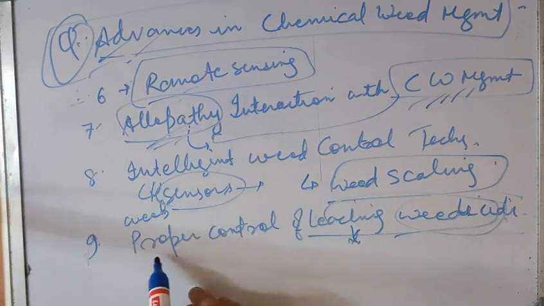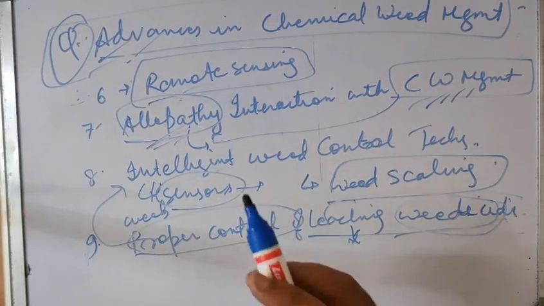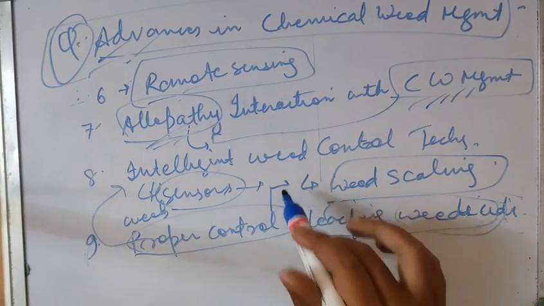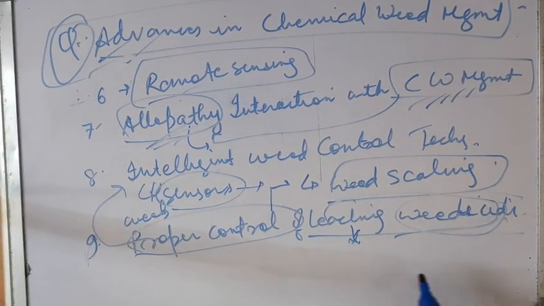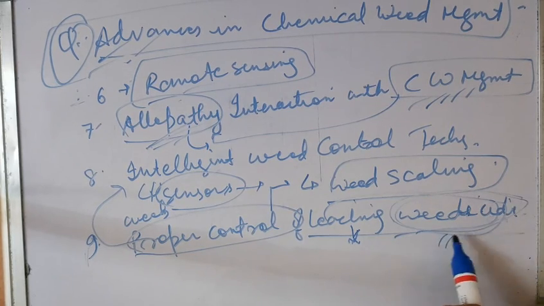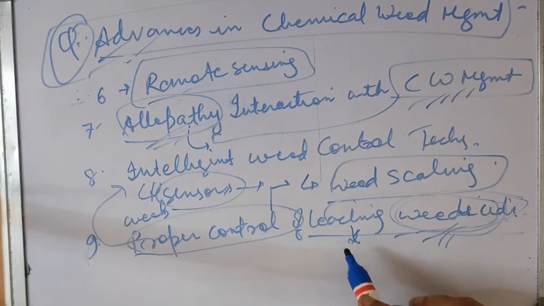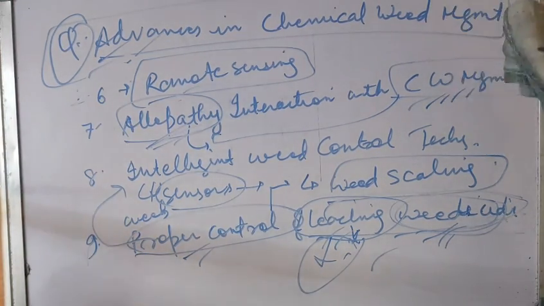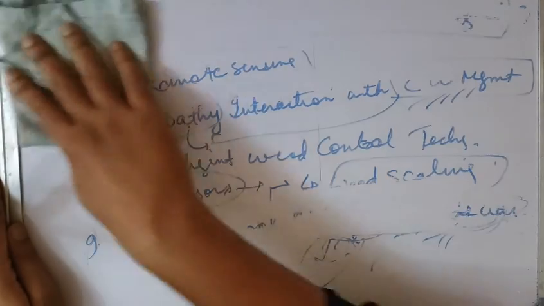So through proper efficiency, by enhancing the weed management, we are using only that much amount of weedicide or herbicide that is required to kill the weed. So there will be more efficient use, and the problem of leaching is controlled, hence protecting our environment. So these were some of the common advances in chemical weed management that we are making in recent times.